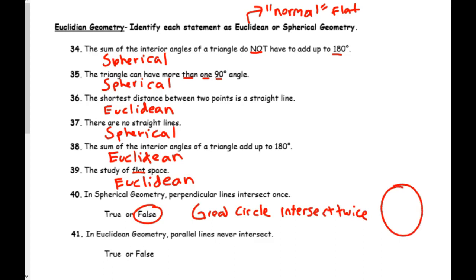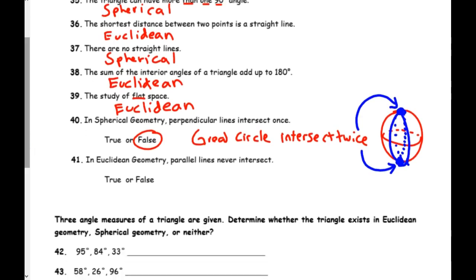If this was my sphere, in blue here, I'd have a line like this, and I could have another line like this, but they are definitely intersecting at each pole. Great circles are lines, and great circles intersect twice.